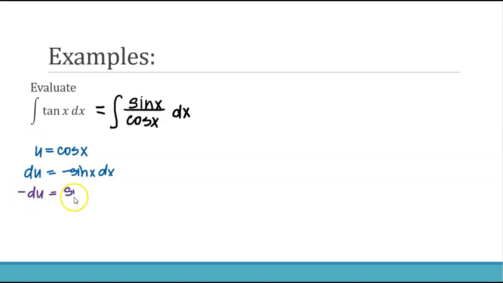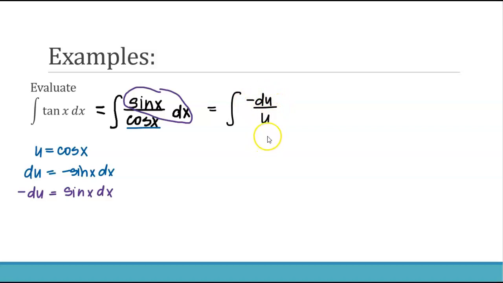So negative du is sine x dx. So I'm going to be able to replace sine x dx with negative du, and then I'm going to be able to replace cosine x with my u. So my integral will become the integral of negative du over u. I'm going to have negative du over u.